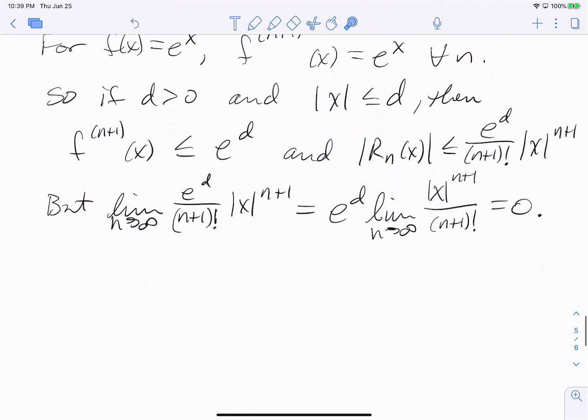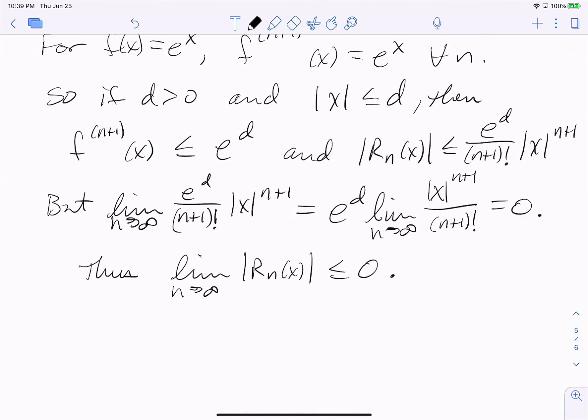Now, what we've got is that the remainder in absolute value is less than something that's going to 0 as n approaches infinity. Thus, the limit as n approaches infinity of the absolute value of r sub n of x is less than or equal to 0. Well, it certainly isn't less than 0.